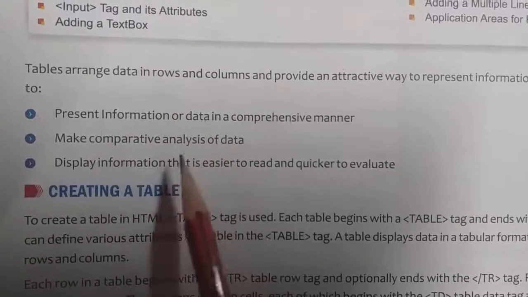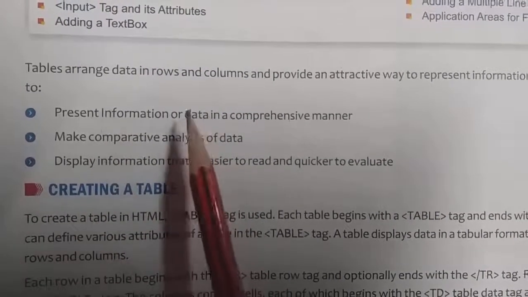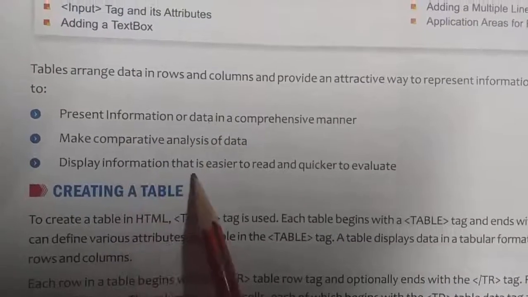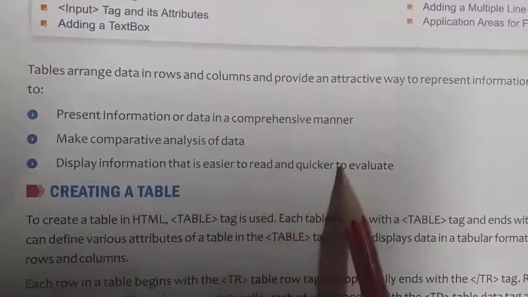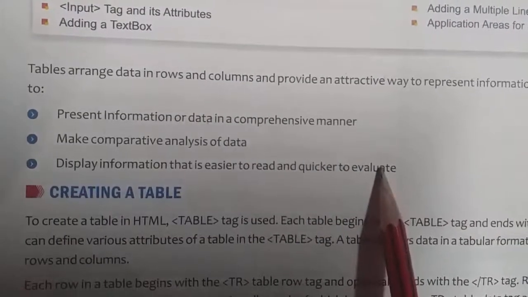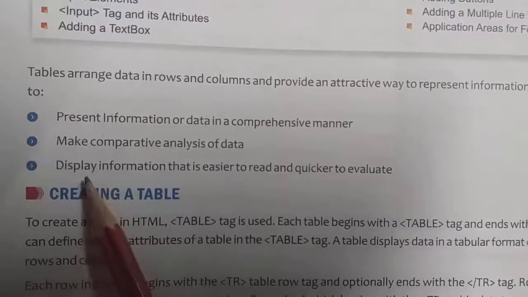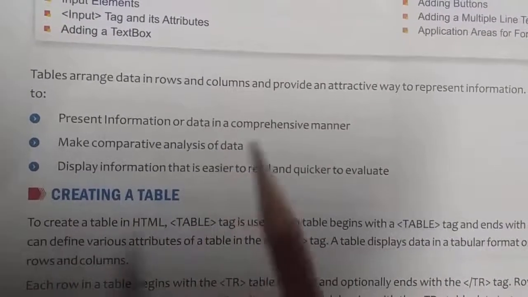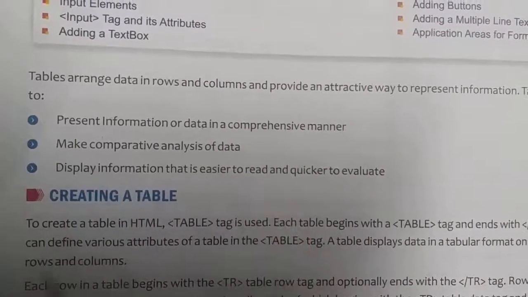If we have created a table, then we can easily compare any type of data. Tables help us display information that is easier to read, and we can quickly evaluate any data that is stored in the table.